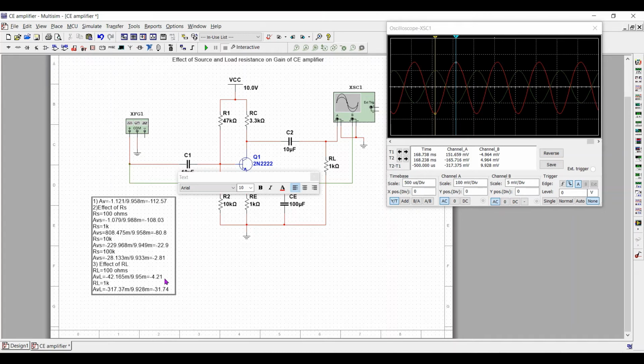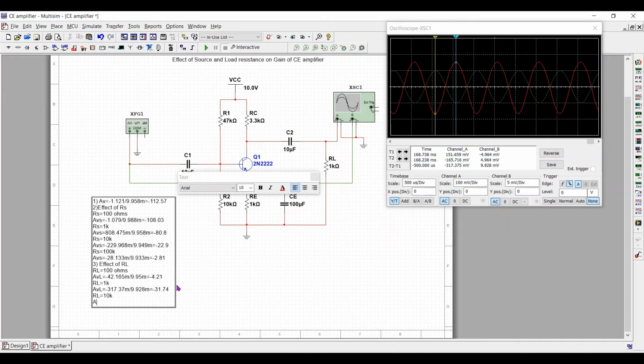So you can see, as the value of load resistance is increasing, the value of gain is increasing. From minus 4.21, it has increased to minus 31.74. Next, we will see RL is equal to 10K.